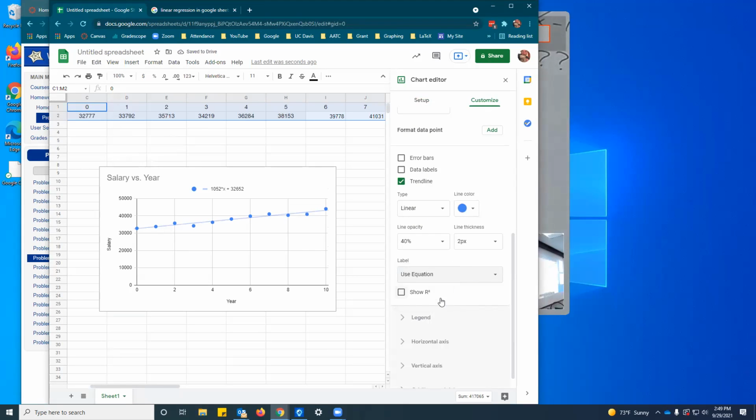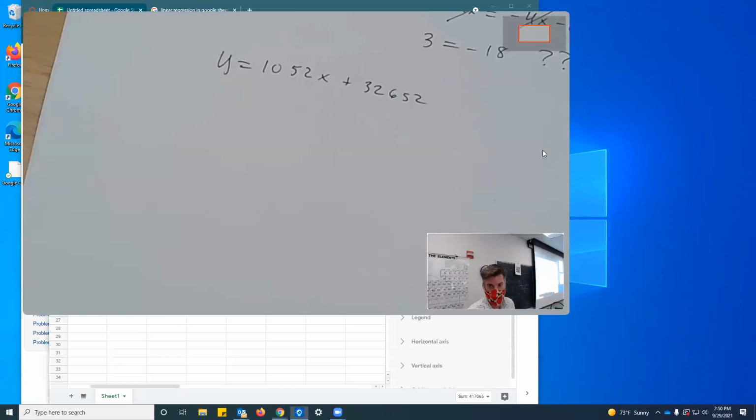Interesting. Cool. So there's our linear regression, which means our equation is, it's not exactly how we want it. If I was writing the equation, I would write it as y equals 1052x plus 32,652. Right, that's what we're looking for.